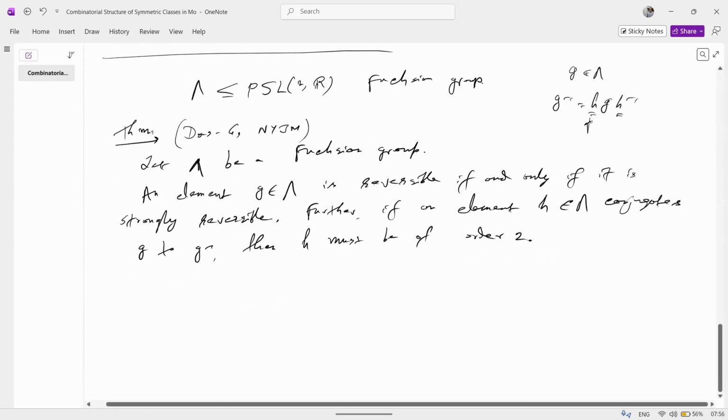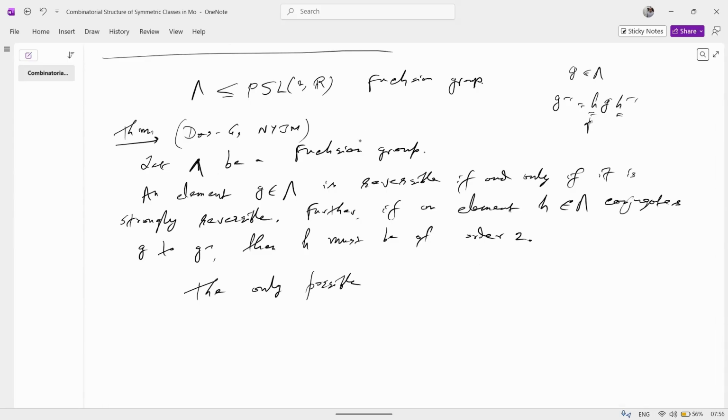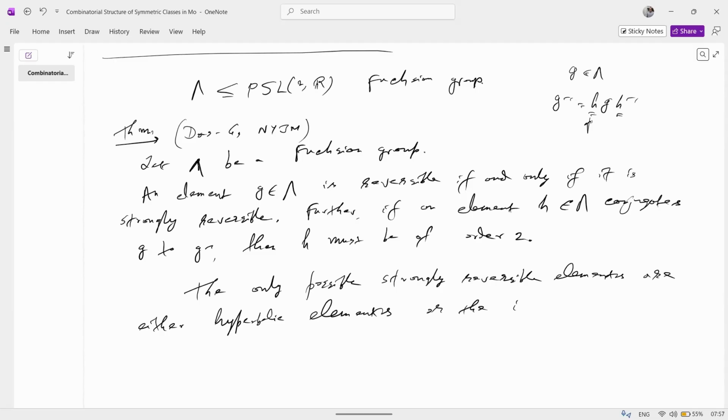And the only possible strongly reversible elements are either hyperbolic elements or the involutions.